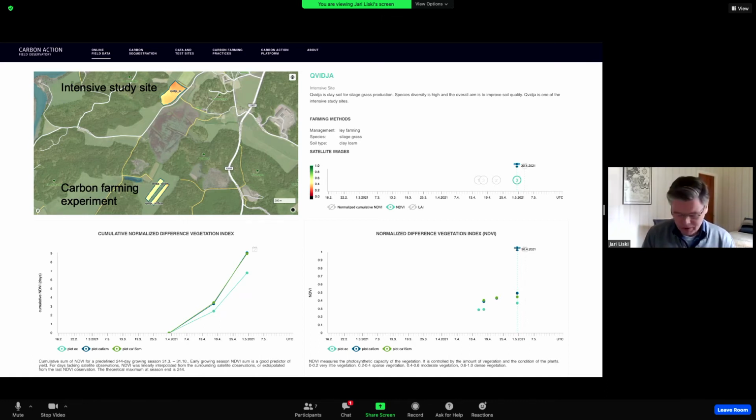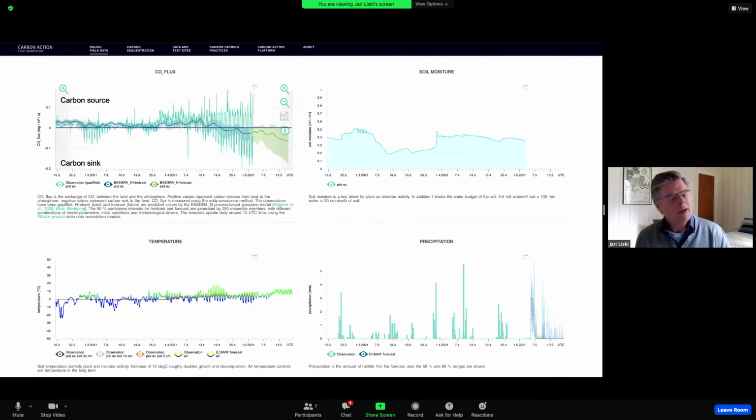If you scroll down this page, you see other data, for example, carbon dioxide exchange between the field and the atmosphere. We are taking continuous and automatic carbon dioxide flux measurements between the field and the atmosphere at Kvitia and at our Ruukki site. We are measuring that using the eddy covariance method.